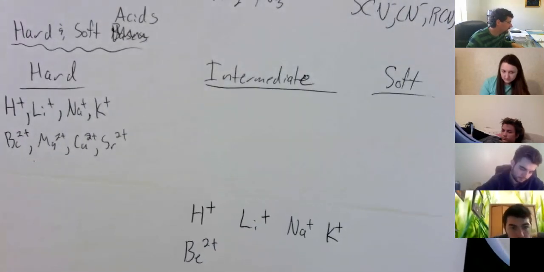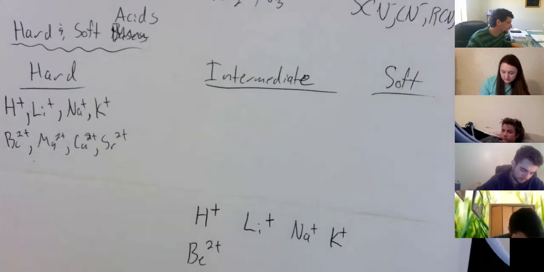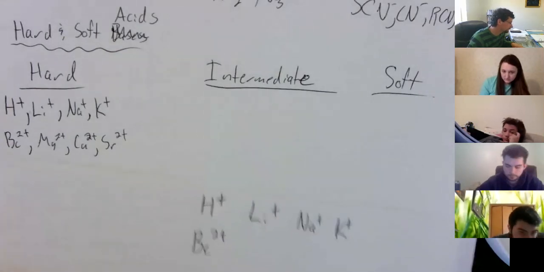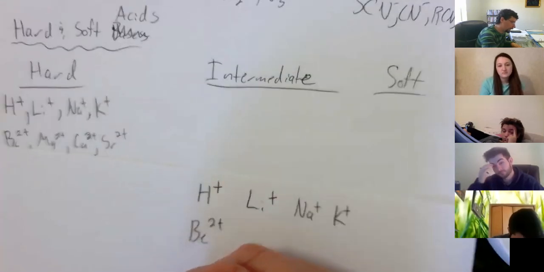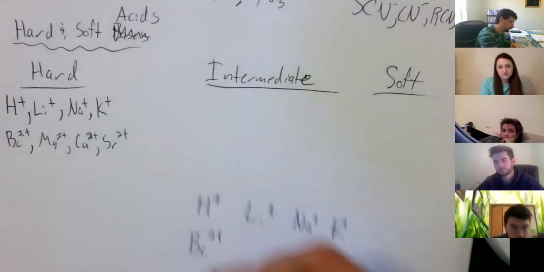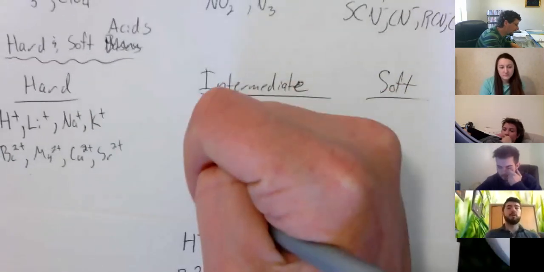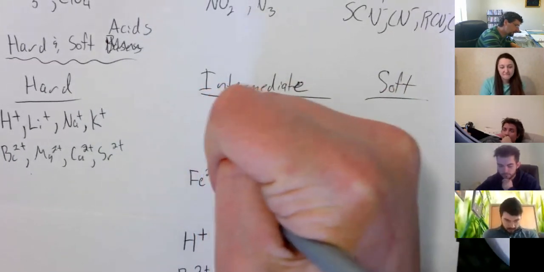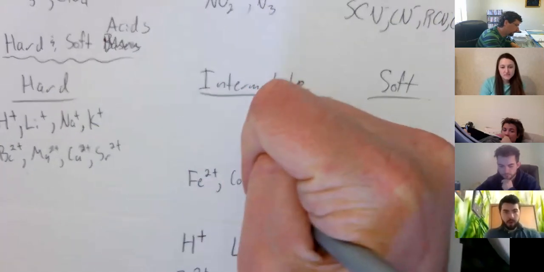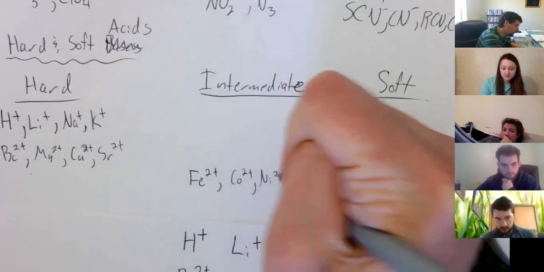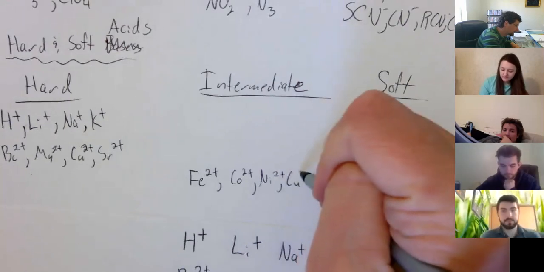Okay, let's talk about some of the transition metals. So, some intermediate transition metals, and the oxidation state does matter. An example of those would be iron 2 plus, cobalt 2 plus, nickel 2 plus, copper 2 plus.